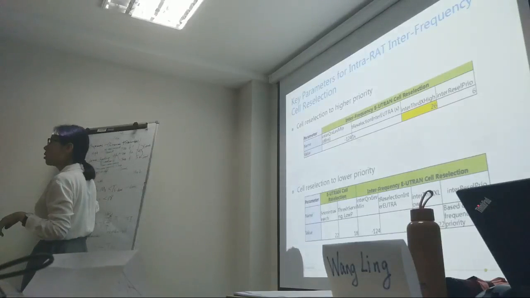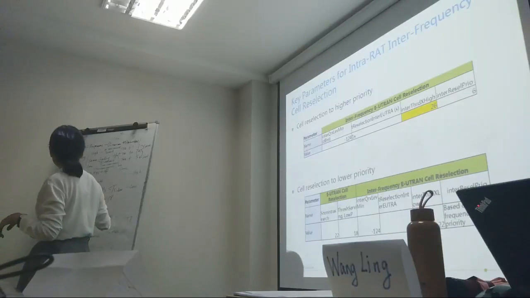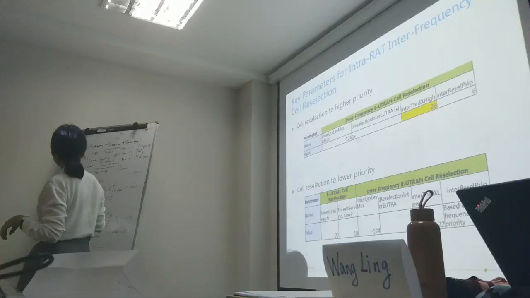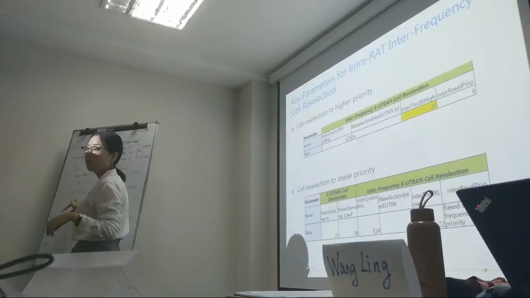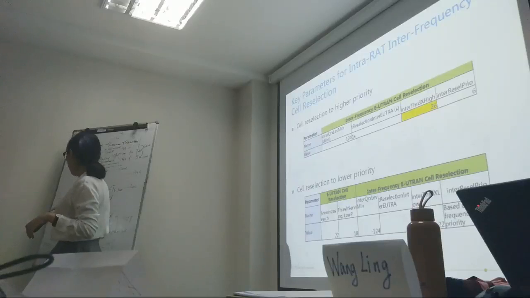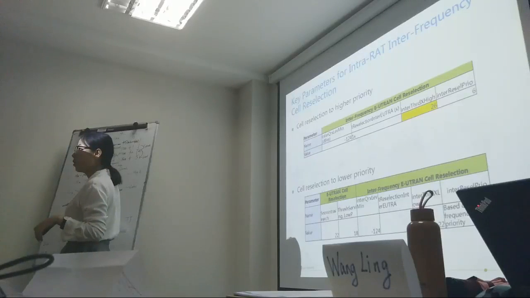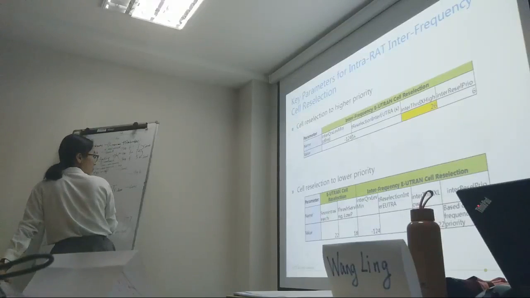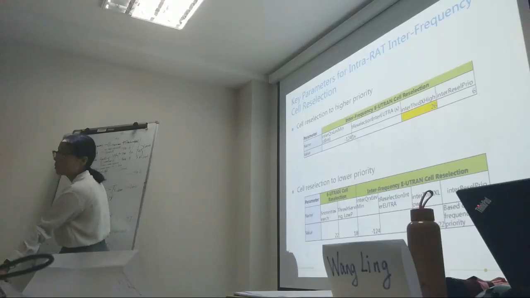So this value is 106. The neighbor threshold is 102, right?